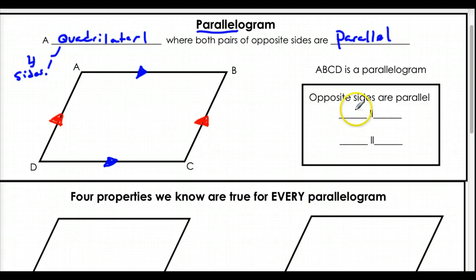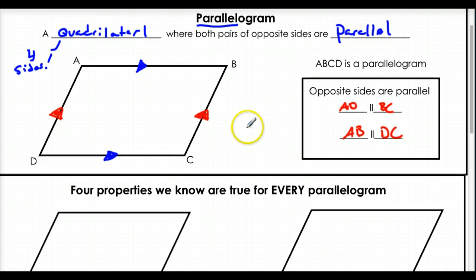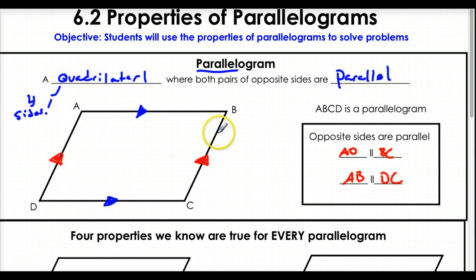So we know AD is parallel to BC, and AB is parallel to DC. So, if opposite sides are parallel, then it is a parallelogram.